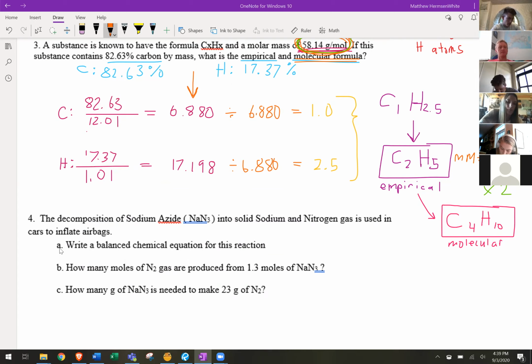So number 4 says, the decomposition of sodium azide, which is NaN3, into solid sodium and nitrogen gas is used to inflate airbags. And the question is, what is the balanced chemical equation for this reaction? And then it asks, if you were given 1.3 moles of the sodium azide, how much N2 gas would you form? That's part B. And then there's a similar one for part C.